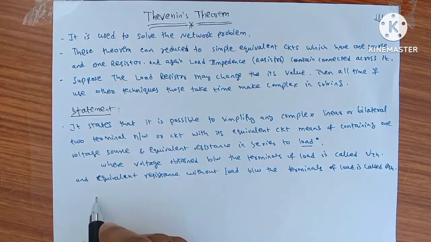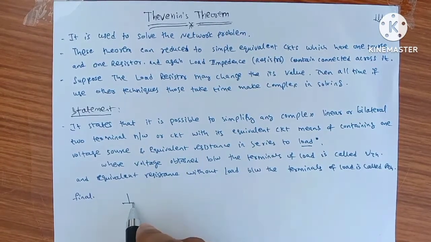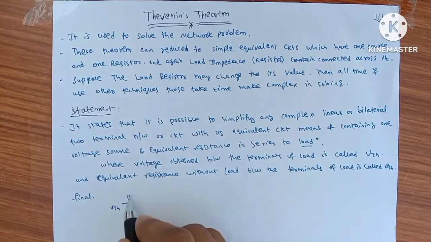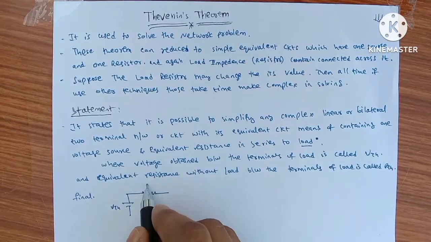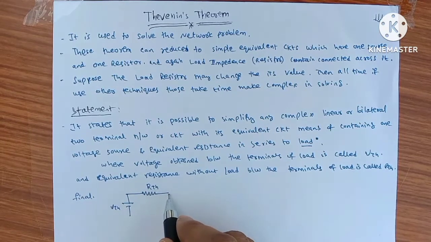So final circuit looks like this, which is VTH and equivalent resistance, which is named as RTH, nothing but Thevenin's resistance, and load, which is RL.